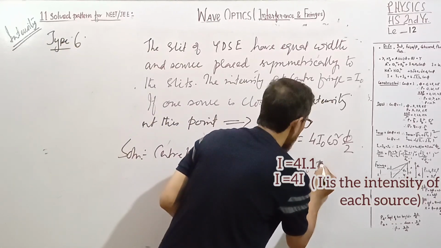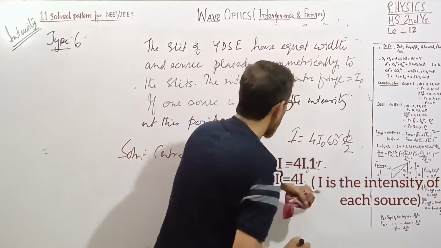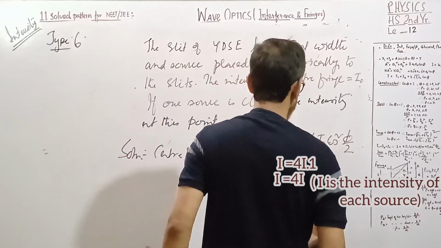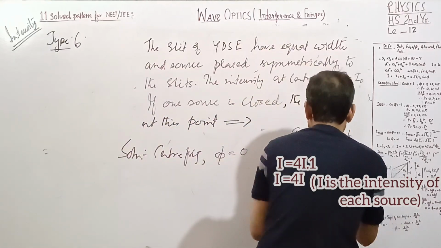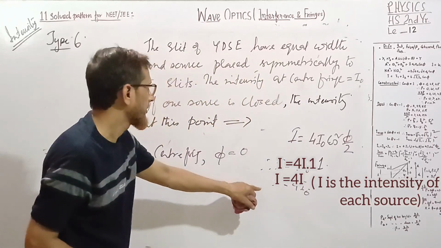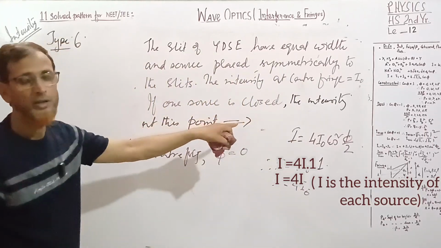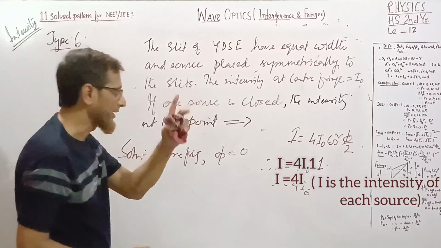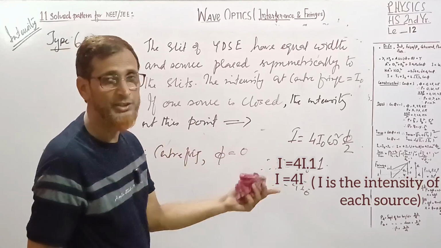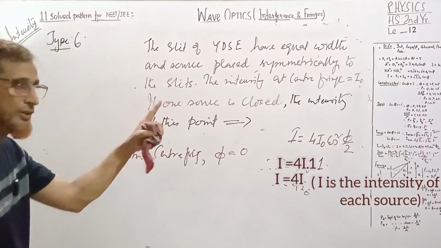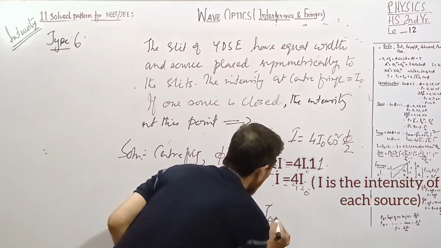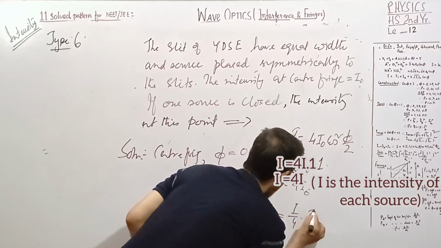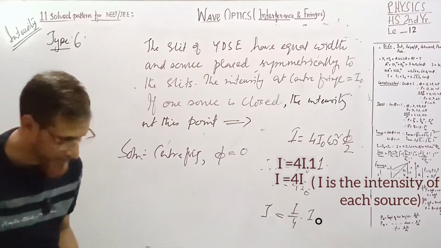Here, one of the slits is closed, meaning the intensity is I from only one slit. So if one slit is closed, the central intensity becomes 1/4 of the initial intensity.